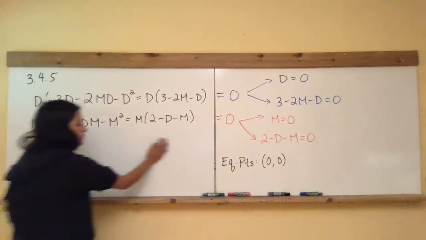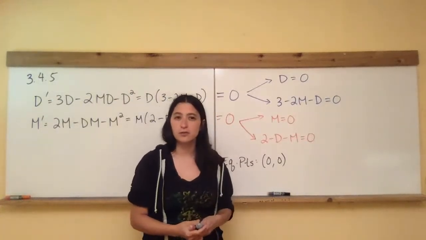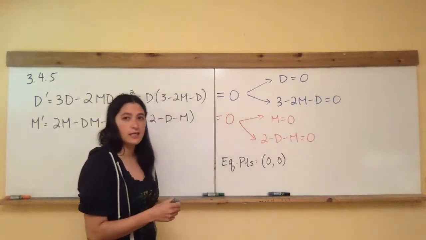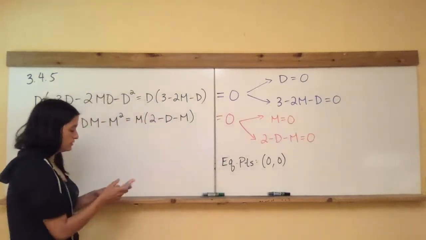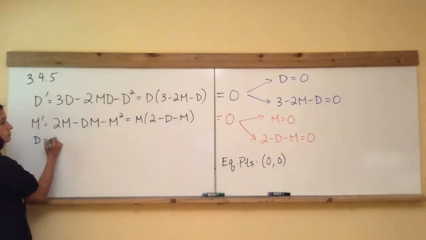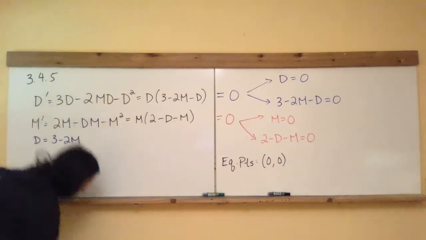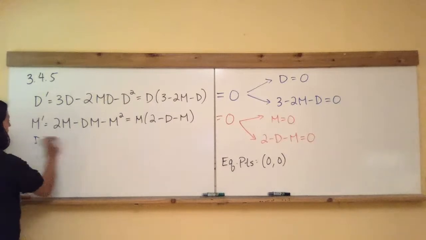Okay, so I'm just going to keep track of the choices that I'm making and the resulting equilibrium point that comes out of that using this board for the side work. So for my second one, I'm going to pick d is equal to 3 minus 2m. Okay, actually, usually we write it the other way.